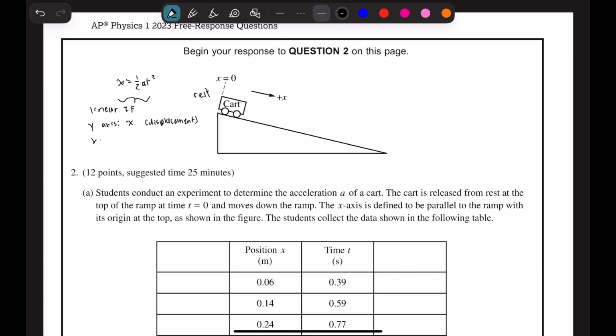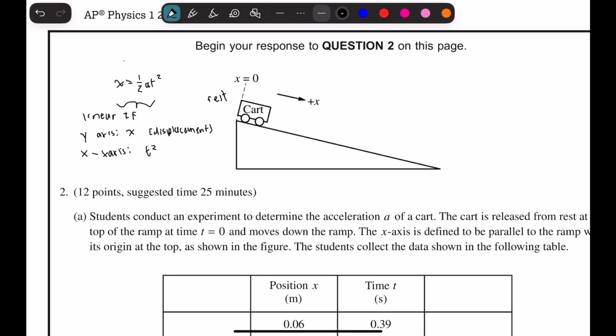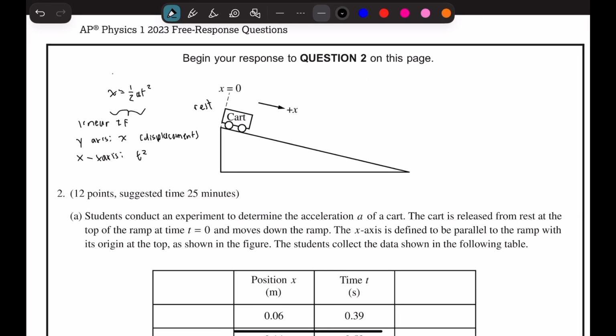and we make our x-axis t squared. So what we're trying to do is this would be our y equals mx plus b.